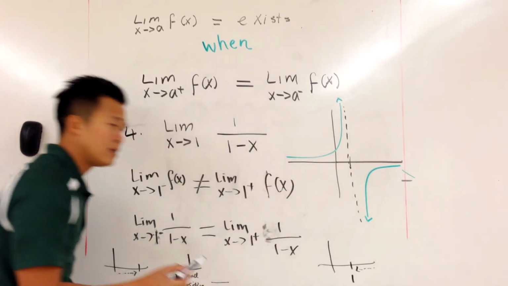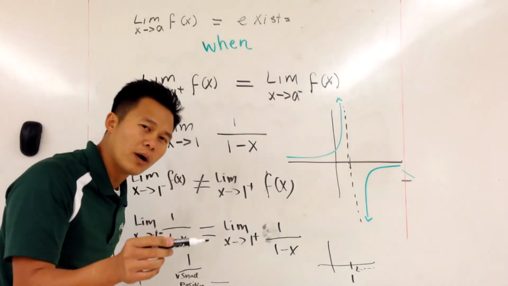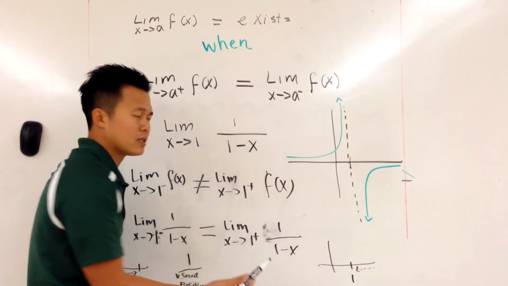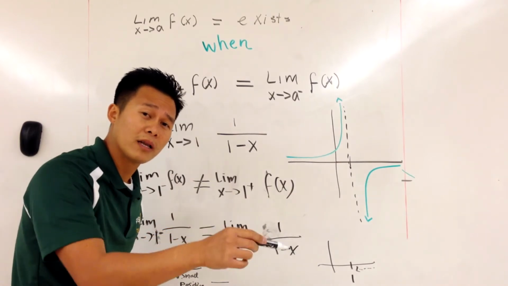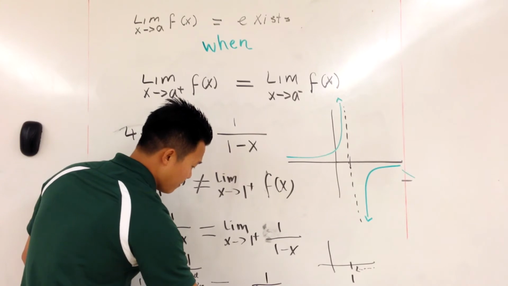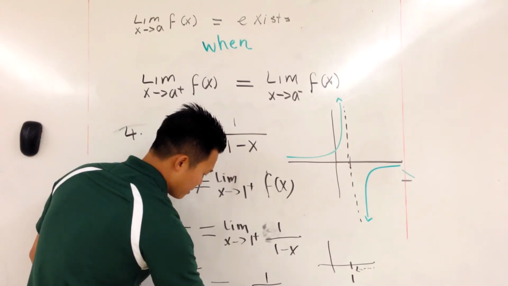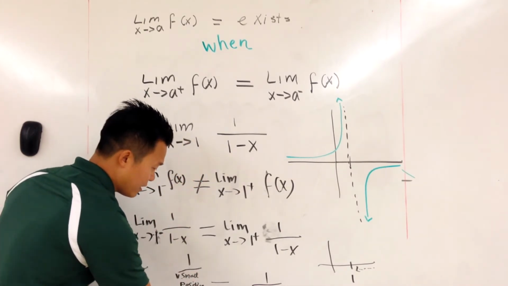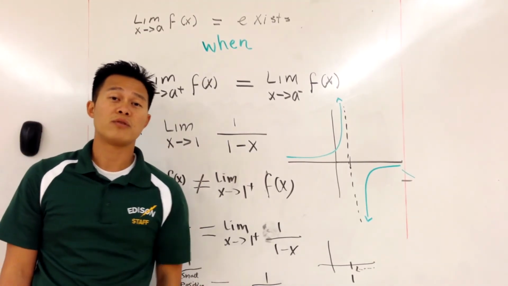So you're plugging in a number right after 1, say 1.00000, a billion zeros followed by a little 1, then this will become a very small negative number. And 1 over a very small negative number will be negative infinity. And therefore, you can see that these two are not equal to each other. Therefore, the limit doesn't exist.